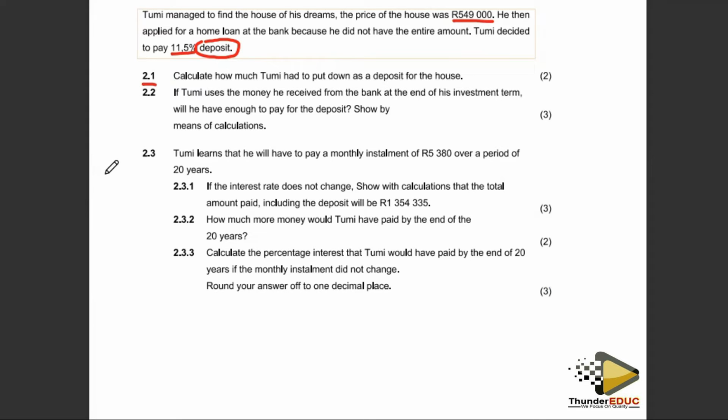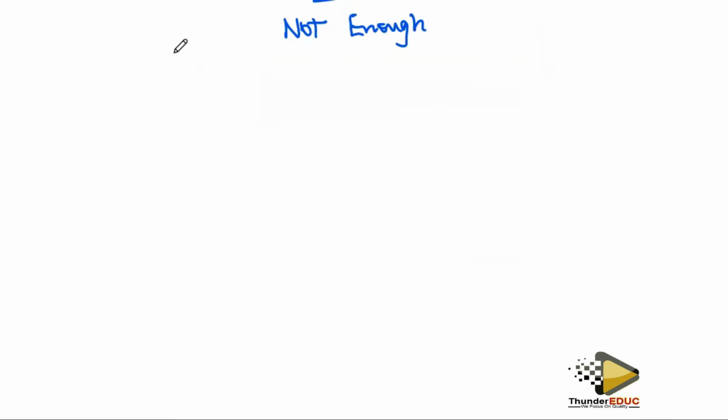Number one, we need to know how much will be accumulated in the 20 years. That's number one part of it. So let's go to our board. We shall say we are answering 2.3.1. How many months do we have in 20 years? So we shall say 20 times 12. So we have 240. In other words, these are the installments that were made.